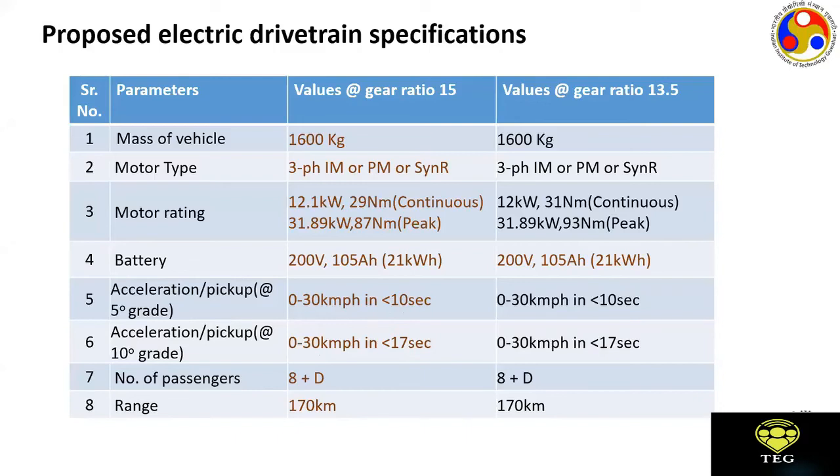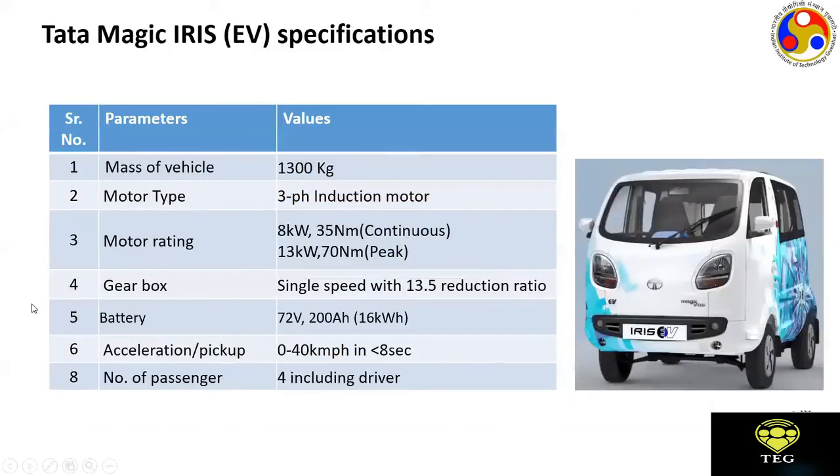And earlier, what Tata had done is that they came out with a smaller electric version of Tata Magic, which was much smaller than the actual Magic, and they called it Iris EV. If you see here, the Iris EV had a mass of 1300 kilogram. It was lighter than the actual Magic. Tata went for a three-phase induction motor.